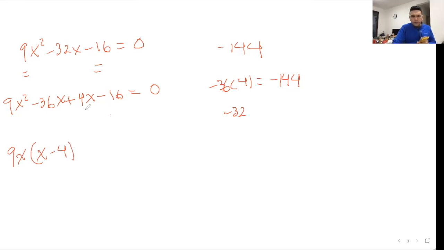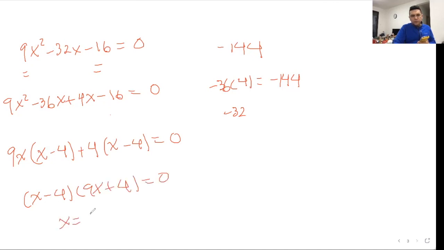Here I can factorize the 4. So I get x, 4 times x is 4x, and I need a negative 16, so I need a negative 4 equals 0. Factorize that: x minus 4 times 9x plus 4. So x equals 4, and x equals negative 4 over 9.